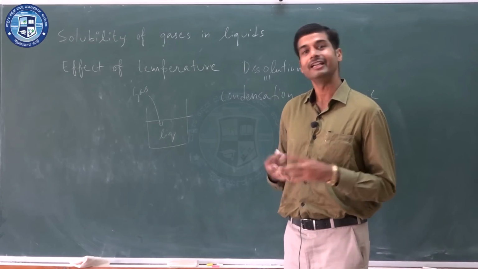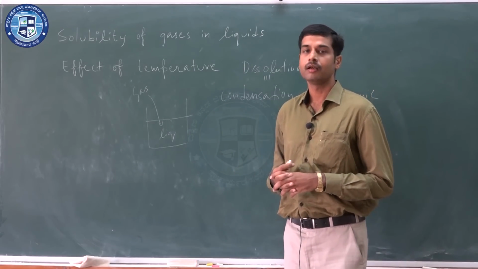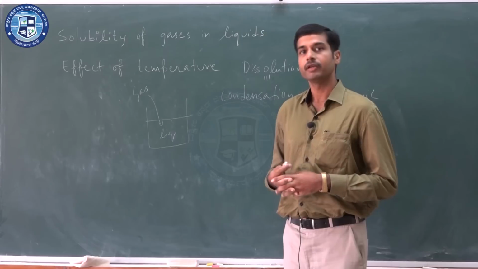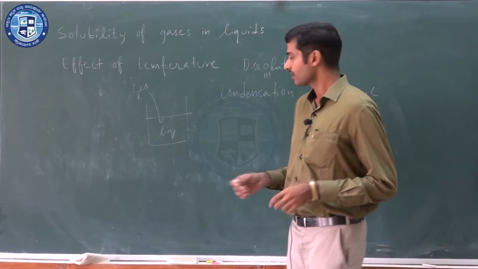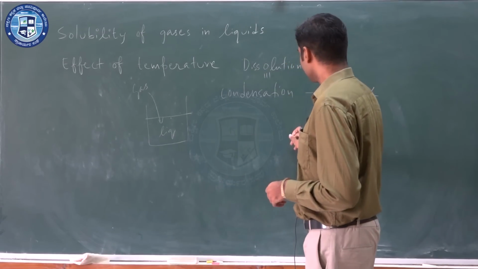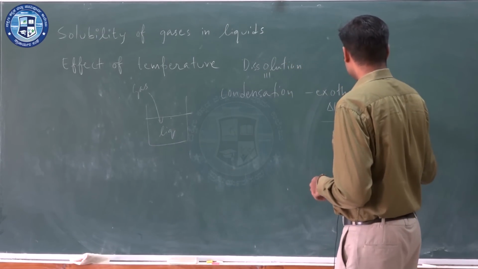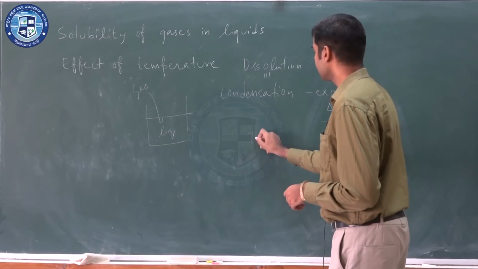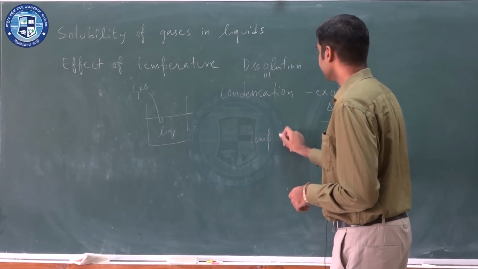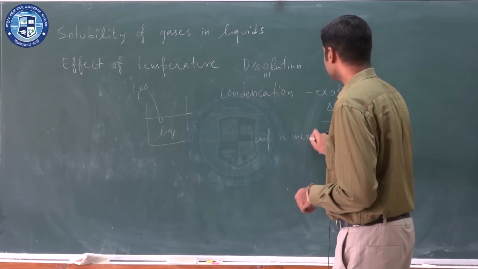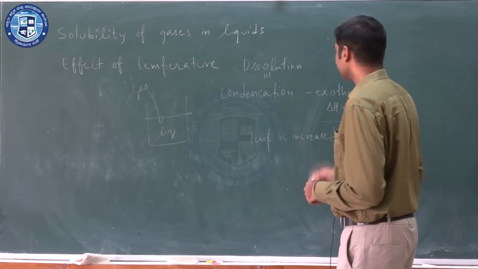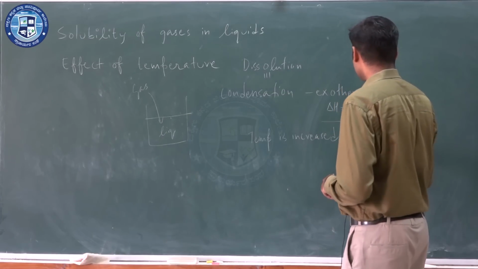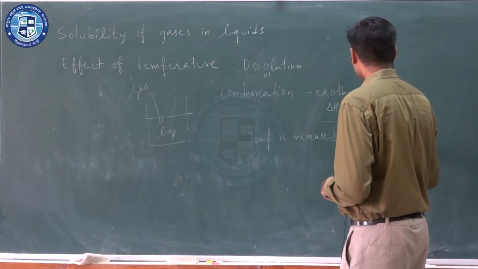Based on this, Le-Chatelier's principle can be applied and the effect of temperature can be understood quite easily. If temperature is increased, then this will result in decrease of solubility.